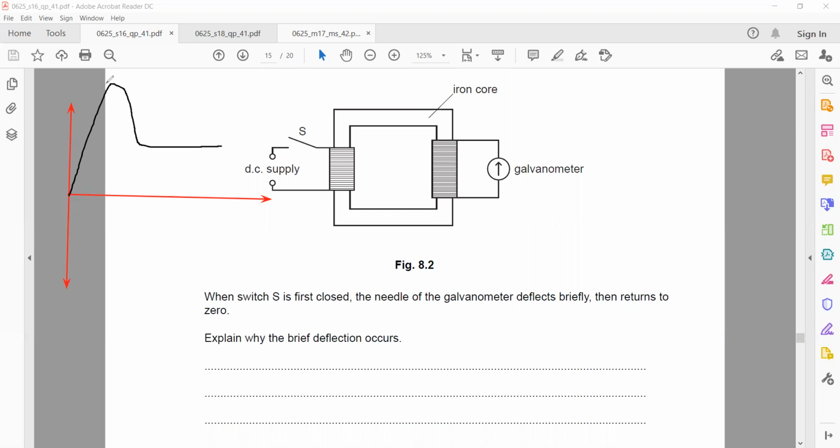That's why the current is maximum, and then when the resistance is constant, a constant current flows through the component. So when we close the switch, there is a small change in magnetic field. A magnetic field is produced, so there is a change in the magnetic field when the switch is closed.